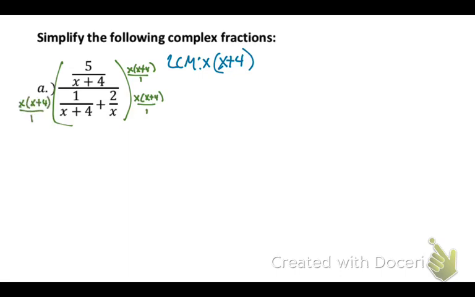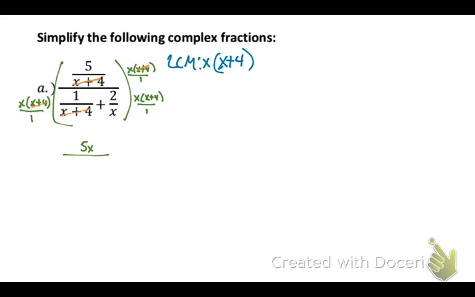Now if we start just in the numerator and focus on 5 over x plus 4 times x plus 4, we can divide out our x plus 4's, and what we'll have left is just 5 times x. So see, we've cleared out that denominator. Now we're going to look down below at the expression on the left.